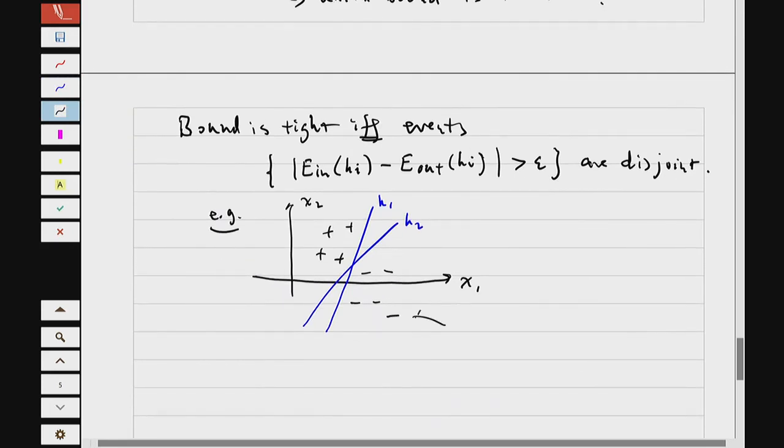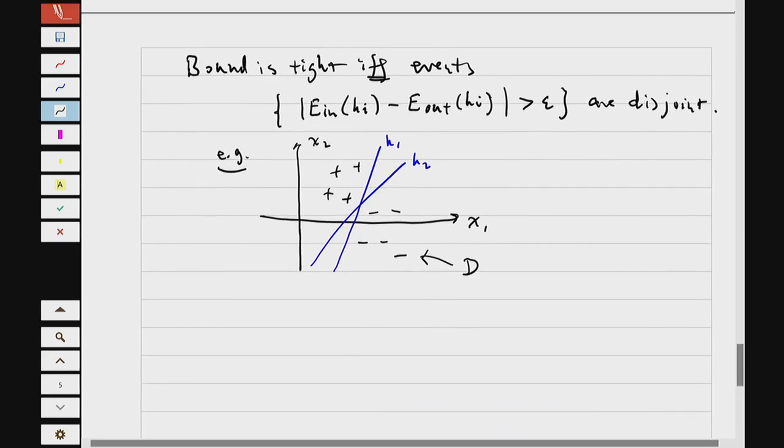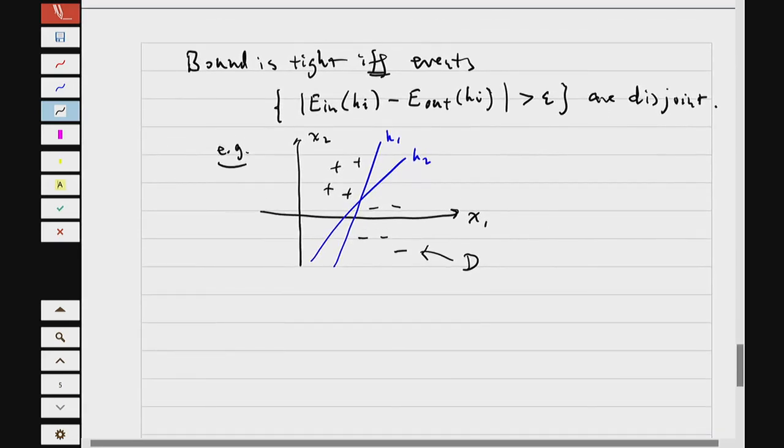Of course, these data points are our given D. There are many, many hypotheses that look like this. These two are pretty much the same hypotheses, with respect to this data.